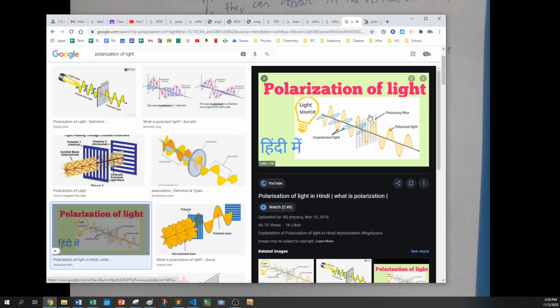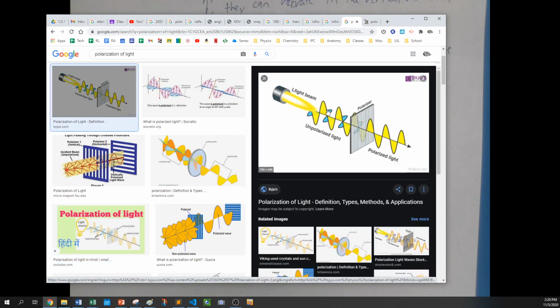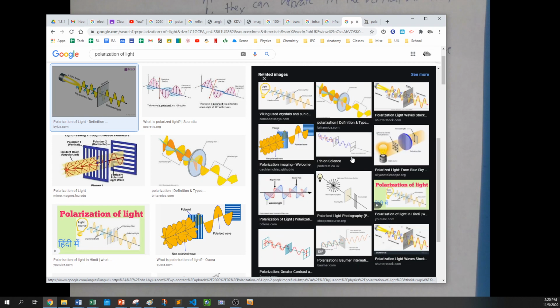So light, again, can be at any angle, but we can have a polarizing filter that blocks light so that it can only go one way.